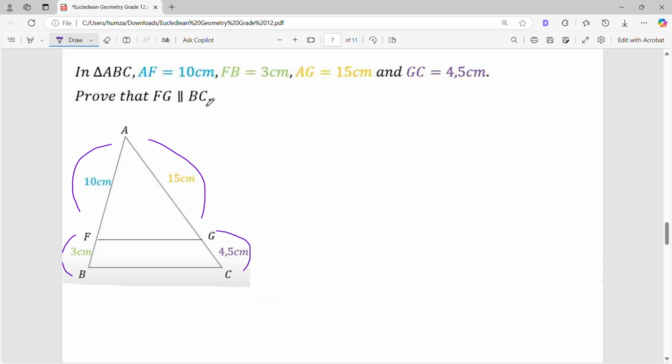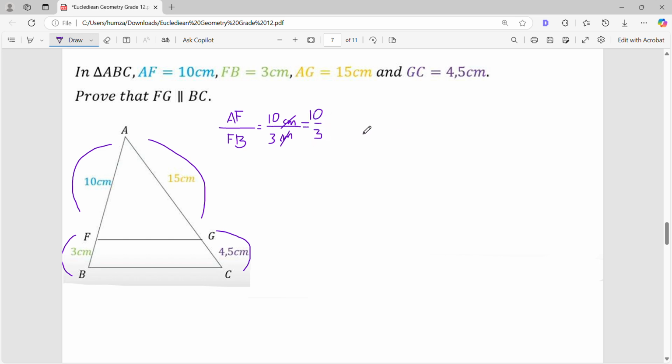Now let's write the ratio first on the one side. So AF over FB is 10 over 3 centimeters, and centimeters will cancel out and this will give me 10 over 3.